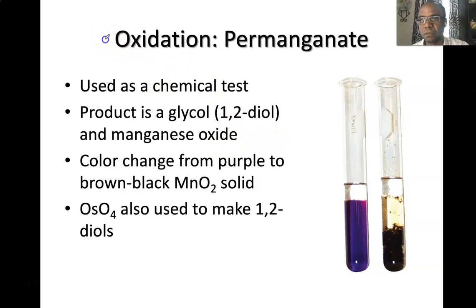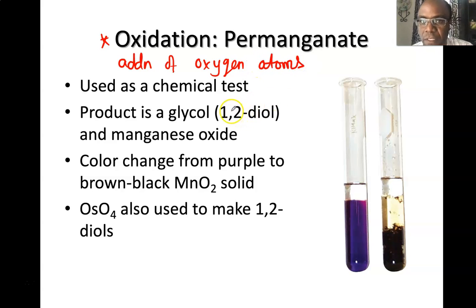That's not the only addition reaction. Another addition reaction will involve oxidation, which is simply addition of oxygen atoms. That's one of the definitions. We discussed this in chapter 1. So one of the reagents that we use is potassium permanganate. It's purple in color. Okay. So once you add the potassium permanganate to an alkene, it's gonna turn brown black.